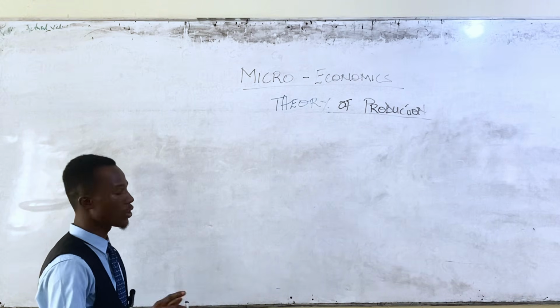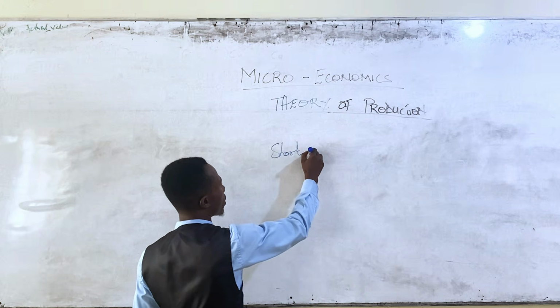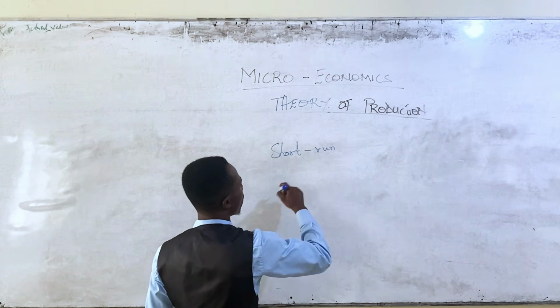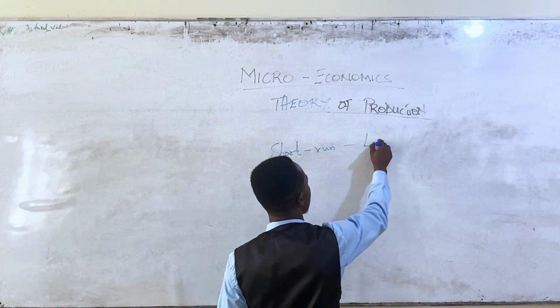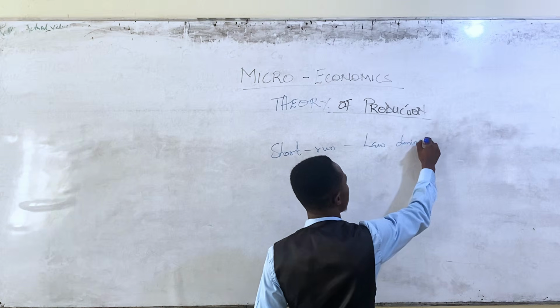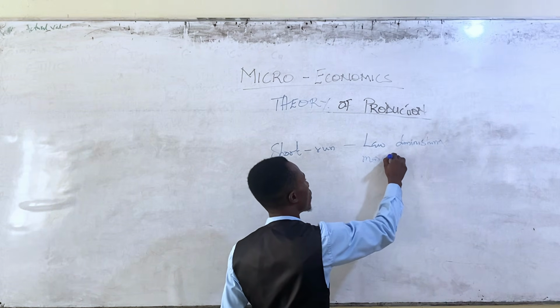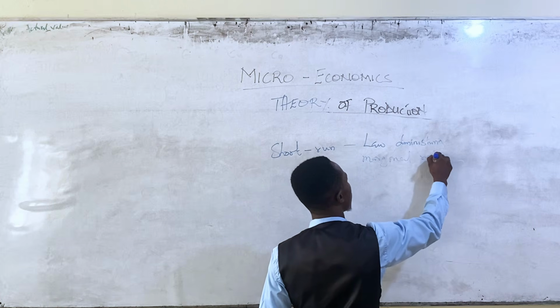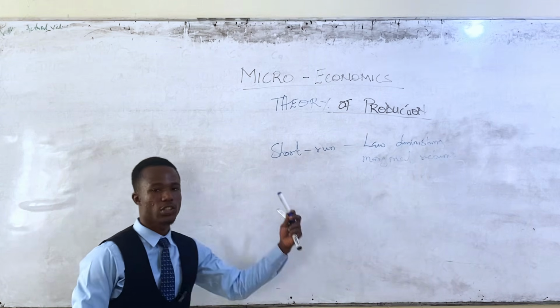You see, this law only happens in the short run. Okay, so put it in mind. You can get it in the multiple choice. The law of marginal returns or law of diminishing marginal productivity. Diminishing marginal returns. Okay, so this law only happens in the short run.